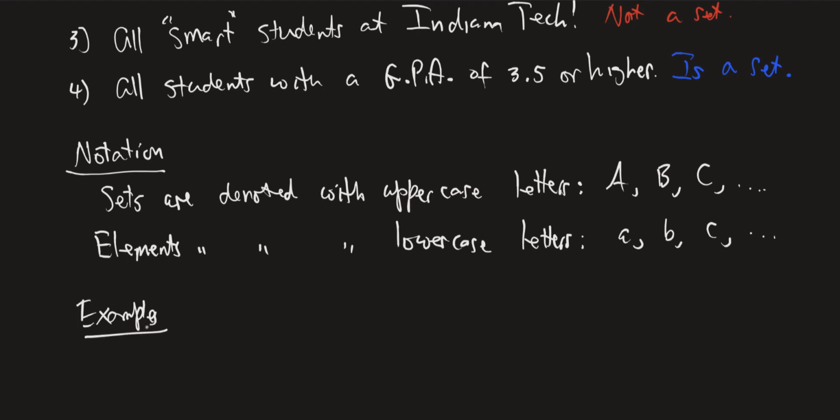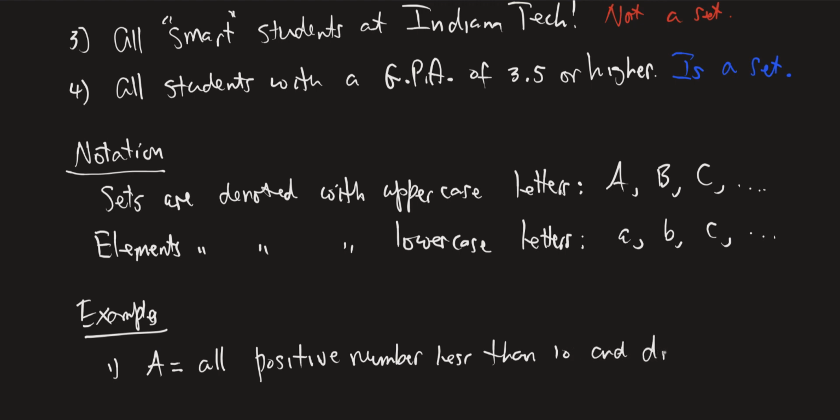And let's use a set with numbers now, and I'll show you different ways that these can be written. So like A could be equal to all positive numbers less than 10 and divisible by 2, right?